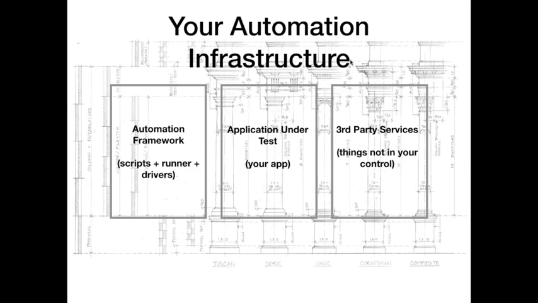So possibly a payment gateway, their test environment, or even something like Sauce Labs. You've had to punch a hole in your firewall in order to access it. So when I throw out the nebulous term automation infrastructure, it means all these three things, not just your application, not just your scripts, not just third-party stuff.